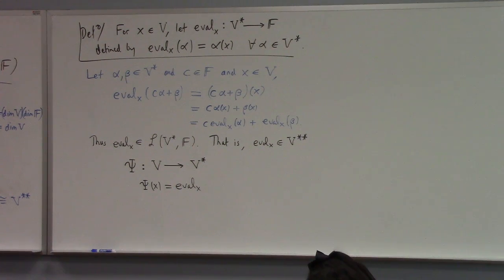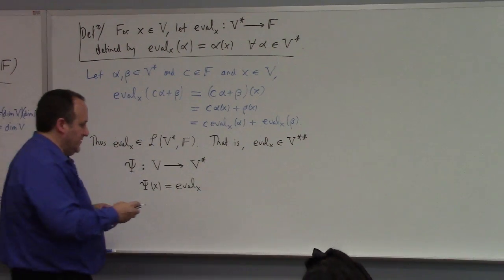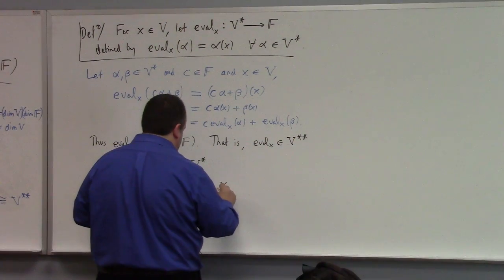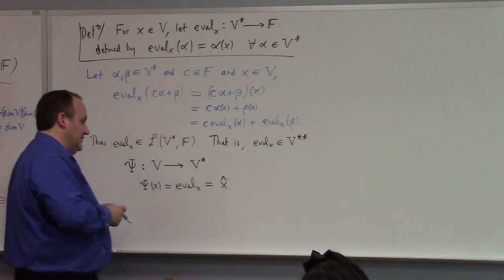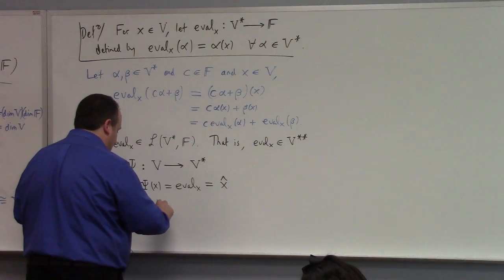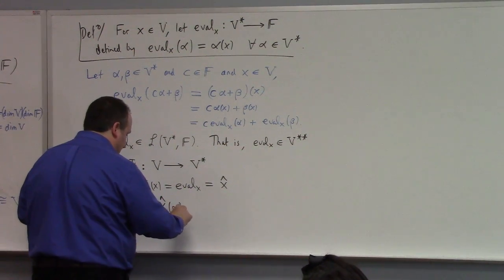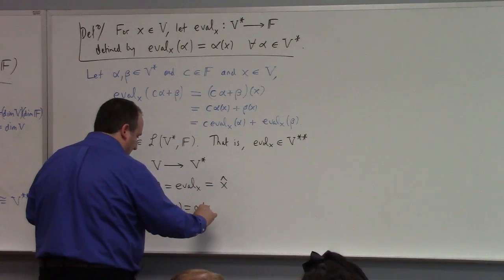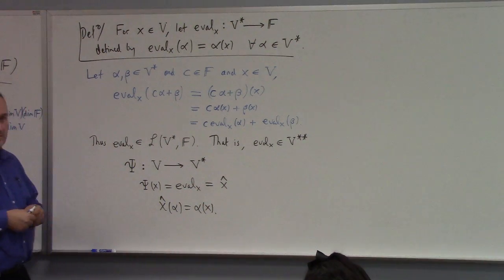Sometimes you'll see people put an x hat over this. It's the double dual vector that corresponds to x. And how does x hat act on a dual vector? It's simply by evaluation of the vector.